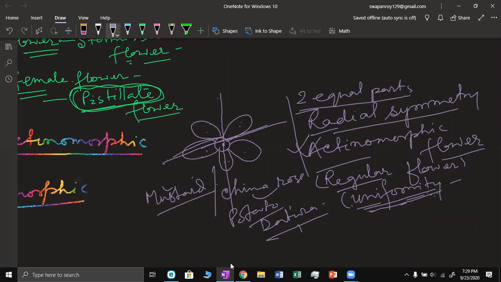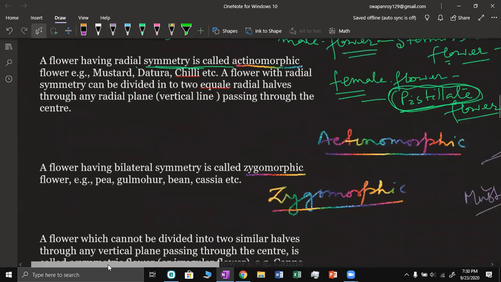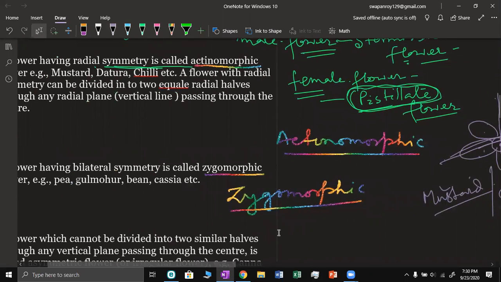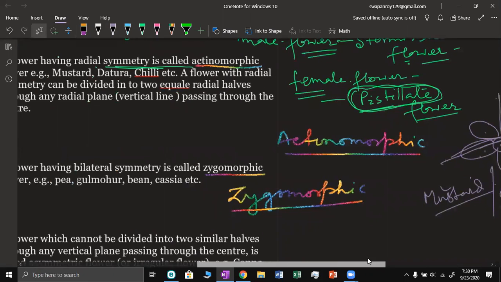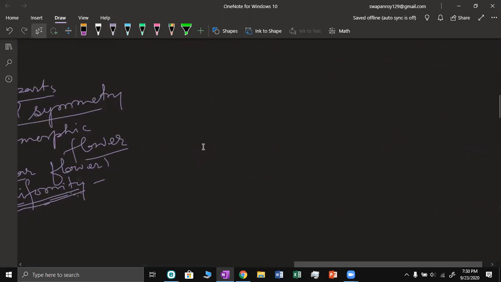Then there is the zygomorphic flower. Some flowers have bilateral symmetry.